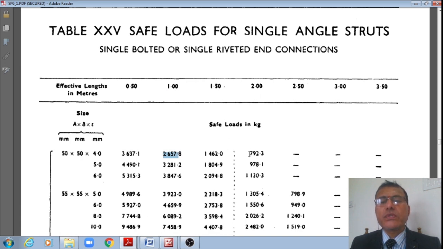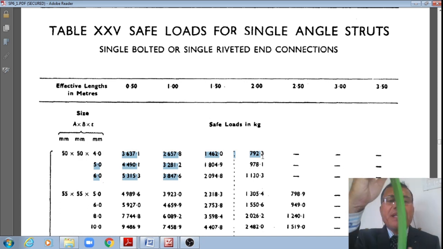If you use an effective span of 2 meters, now it resists only 792.3 kg. Now we can see from this row that as the effective length increases, the load carrying capacity decreases.